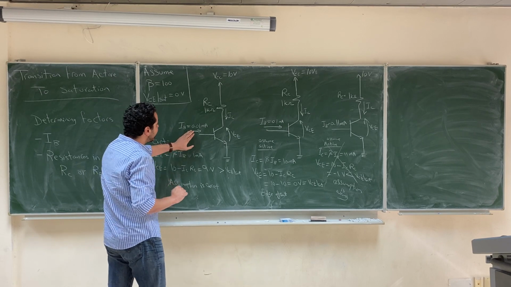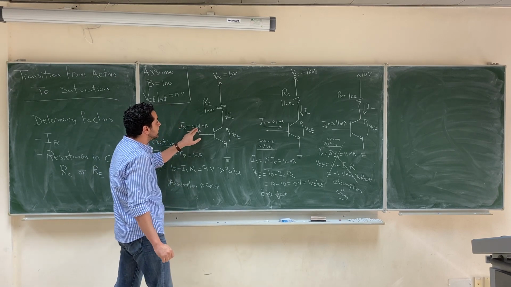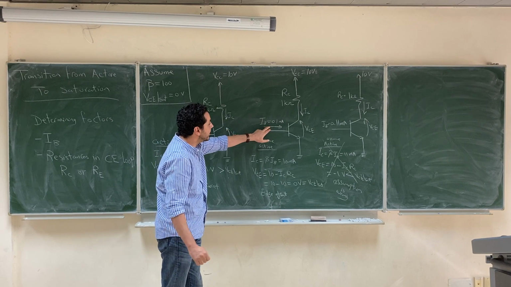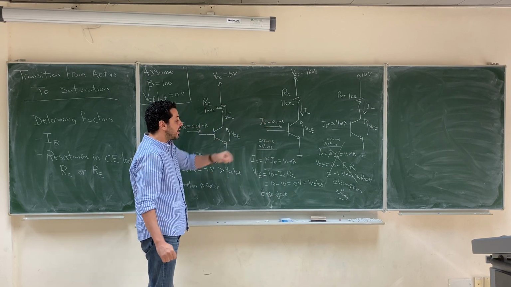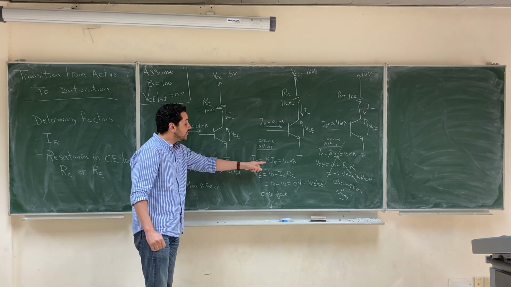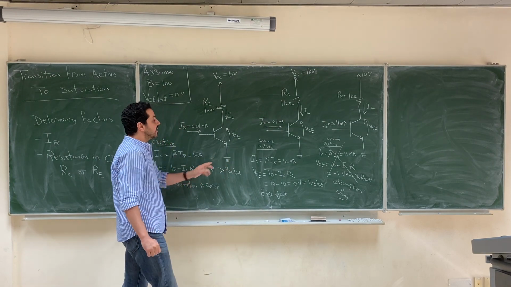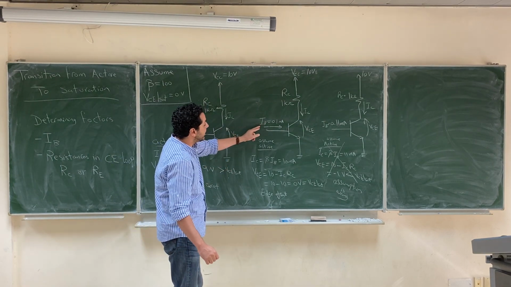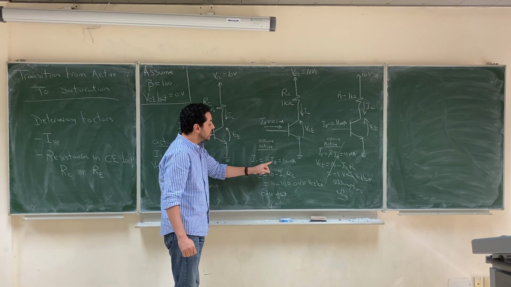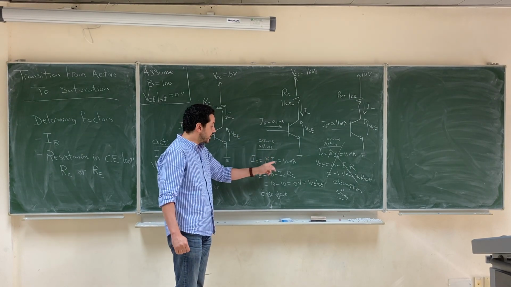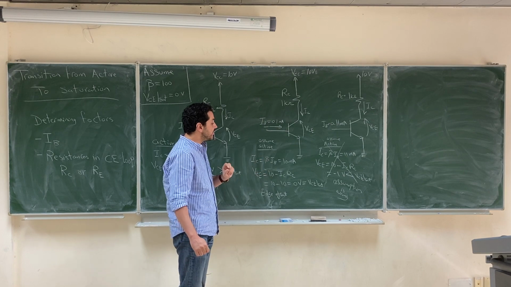In the beginning, when we increased I base from 0.01 to 0.1, IC increased and it kept track of the value beta I base. So IC was beta I base here. When we increased I base, IC also increased with it and stayed as beta I base.